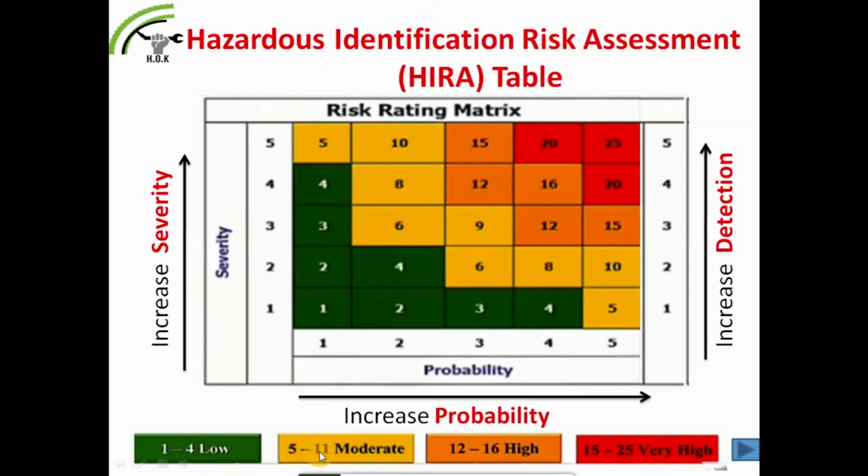If RPN is 12 to 16, it has higher impact. And if the RPN value lies between 15 to 25, it is very high, meaning serious impact of the hazard. In the next slide I will explain how to select the severity ranking, occurrence ranking and detection ranking.